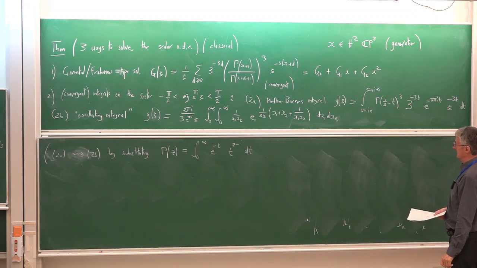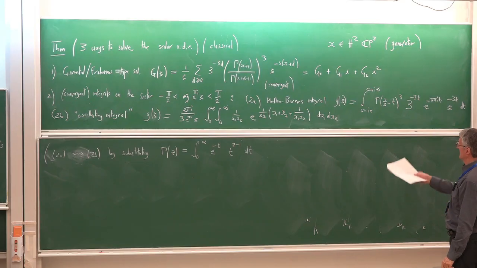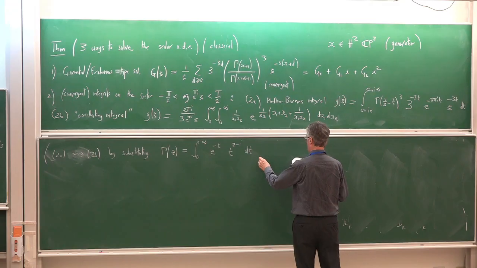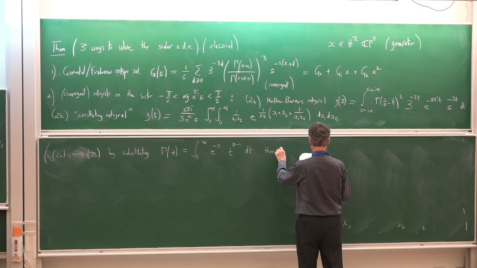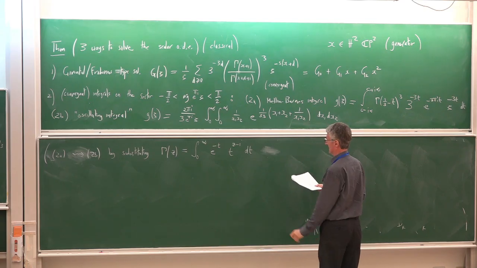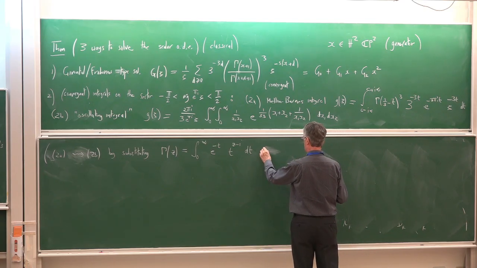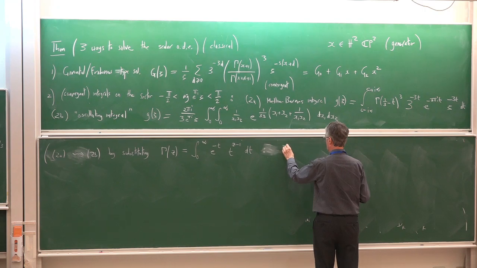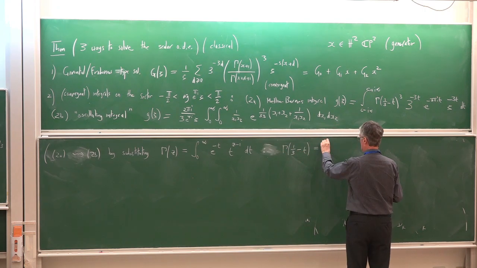So you substitute it into the first integral, and then, well, let me see, there are 3 gamma factors, so I want to do it 3 times. Each gamma factor I will consider separately.